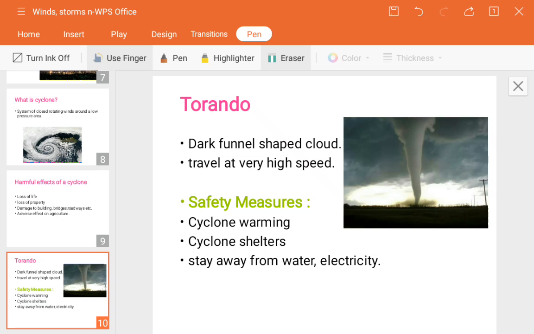And see, the force due to the earth's rotation that tries to deflect winds towards the left and right is known as the Coriolis effect. So the Coriolis effect is nothing but the force due to the earth's rotation that deflects the winds towards left and right.